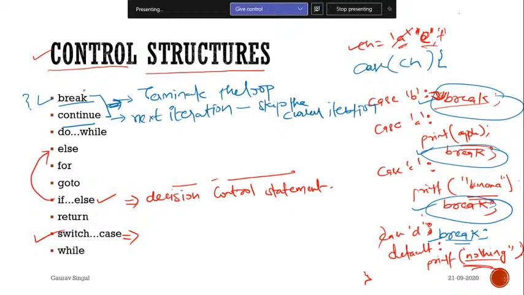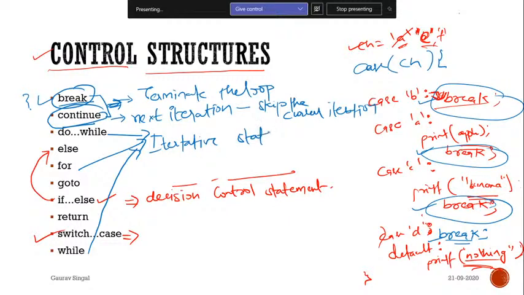So basically, break and continue are only used in iterative loops. So which are iterative loops? Do while, for, and while. These are iterative statements. In these cases, we use the control structures break and continue.